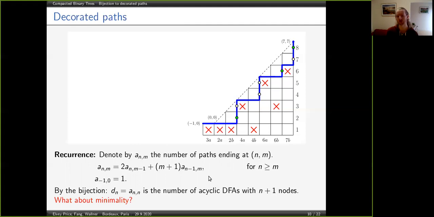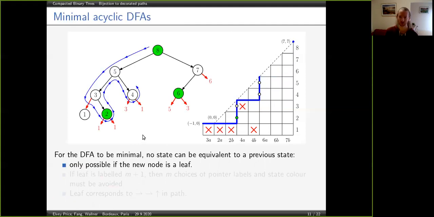Okay, but hang on, we wanted to count minimal acyclic DFAs. Fortunately, minimality turns up quite nicely here. For a DFA to be minimal, we just have to make sure that whenever we get to a new state, it can't be an exact copy of an old state. This is really only possible when we pass a leaf.